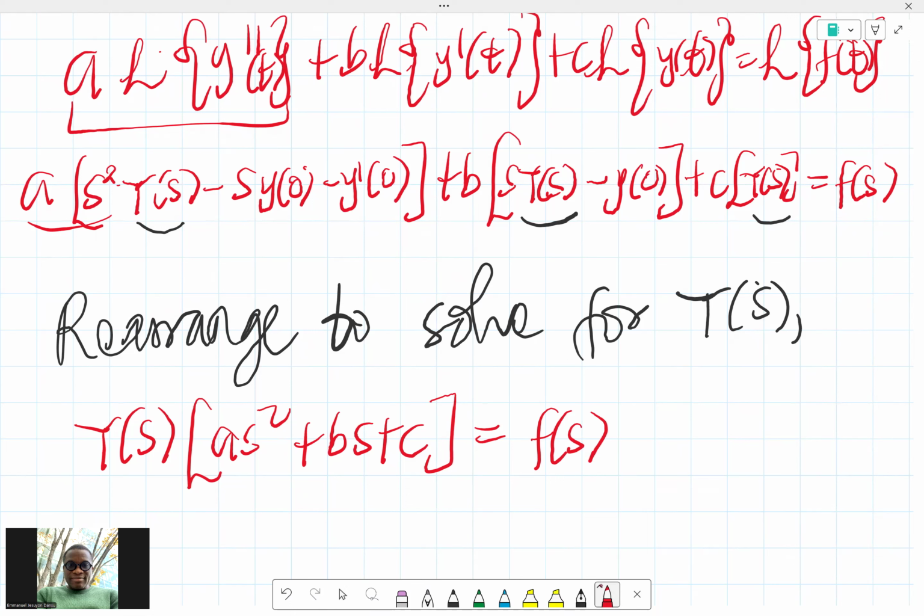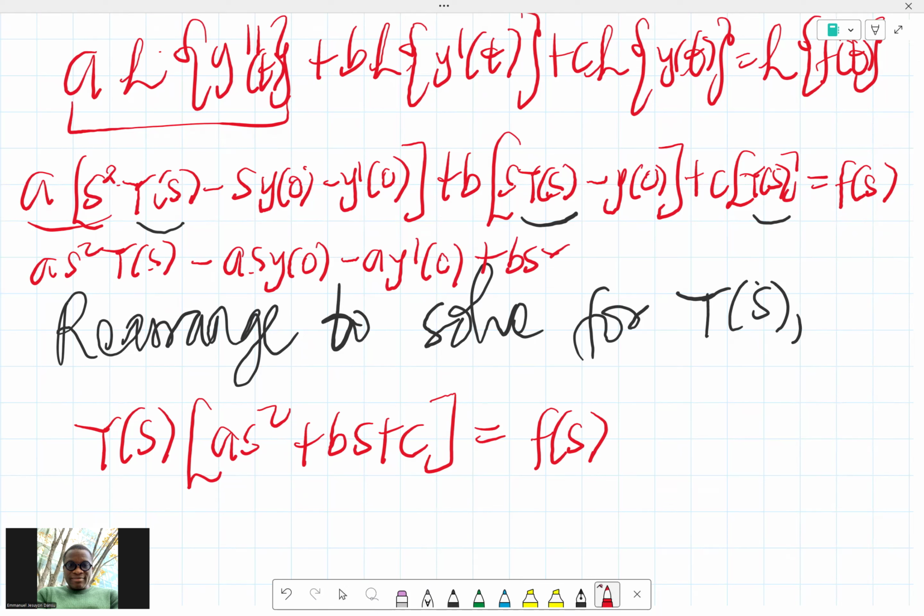Let me break it apart so we can see clearly. We have a s squared Y(s) minus a s y(0) minus a y'(0) plus b s Y(s) minus b y(0) plus c Y(s) equals F(s).